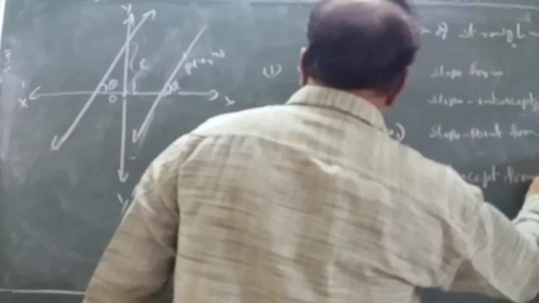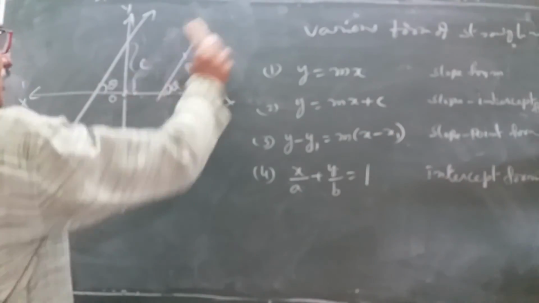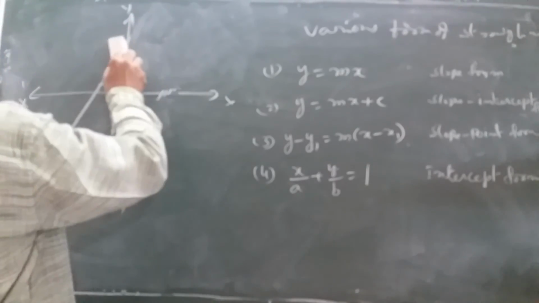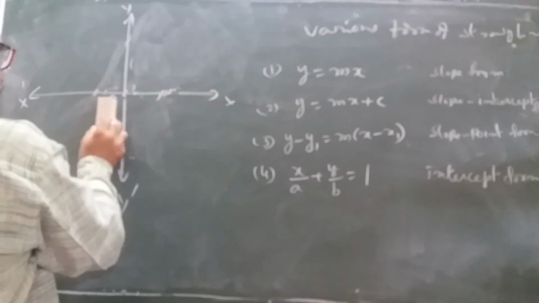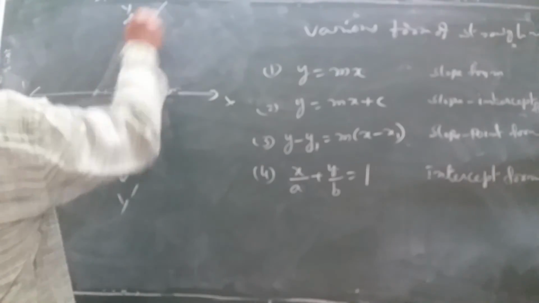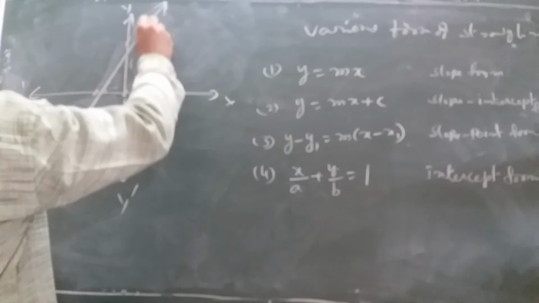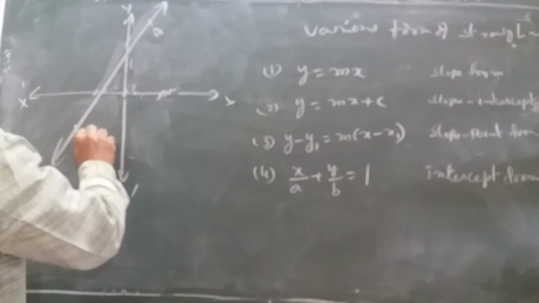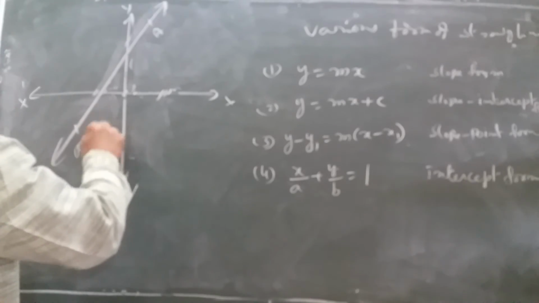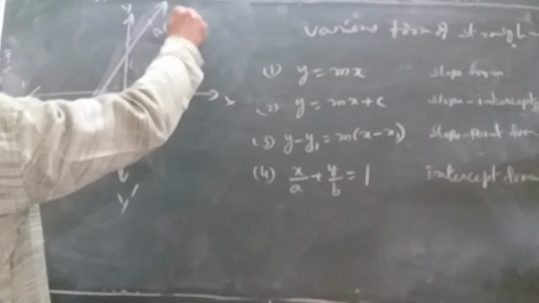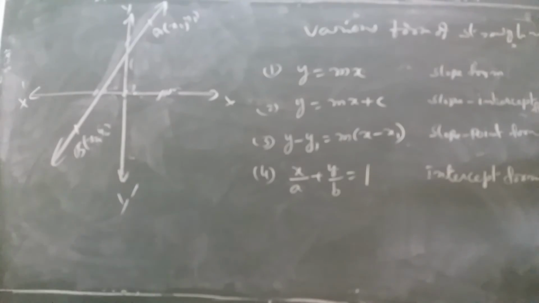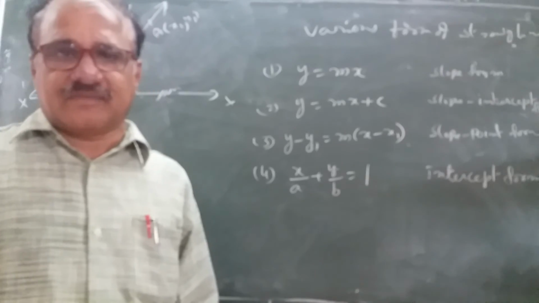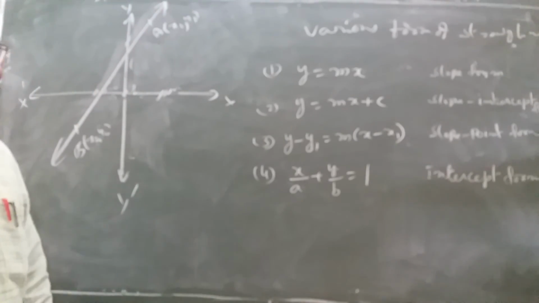We know another one is there, that is a straight line passing through 2 points A (x1, y1) and B (x2, y2). Suppose this is a line, here A and B. What is the slope of this line AB? (y2 minus y1) by (x2 minus x1), or (y1 minus y2) by (x1 minus x2), anyway it is right.